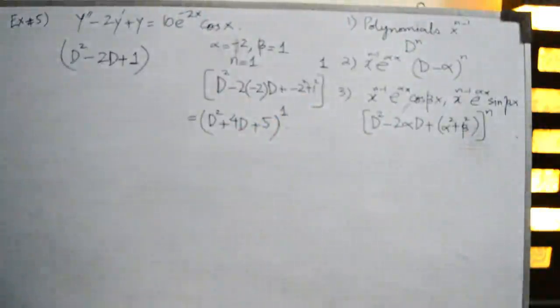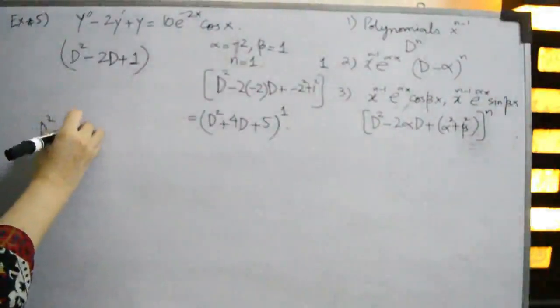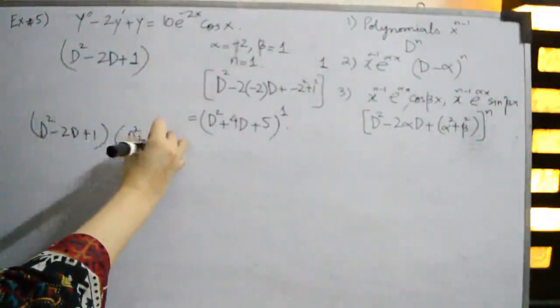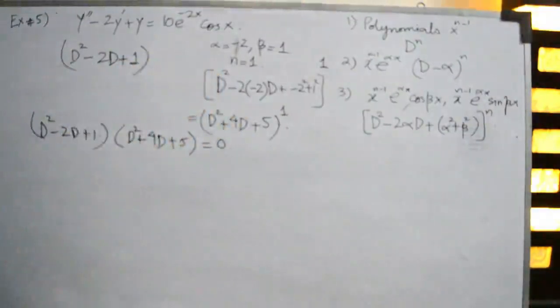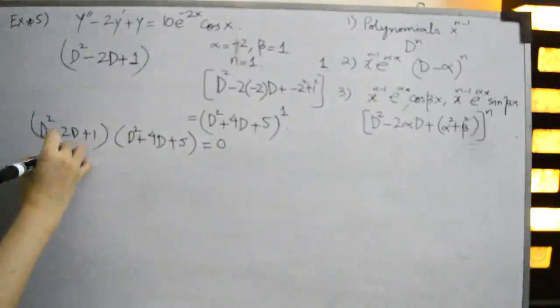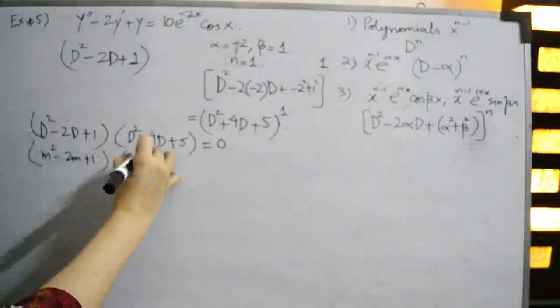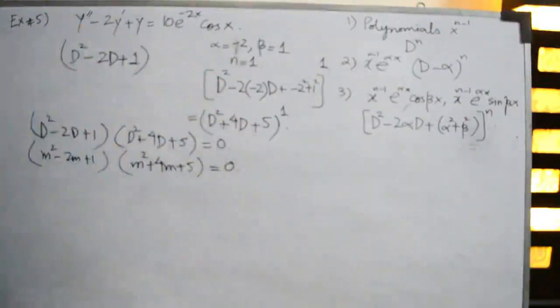So you can find the roots. Now you multiply these two values, and you can factorize with the help of the auxiliary equation, equal to 0. The auxiliary equation is (m minus 1) squared times (m square plus 4m plus 5). What are the roots?